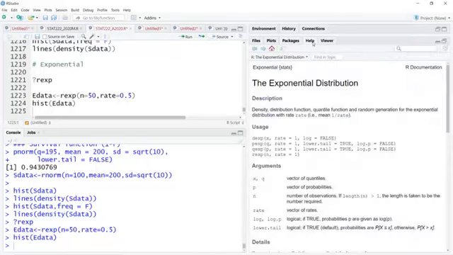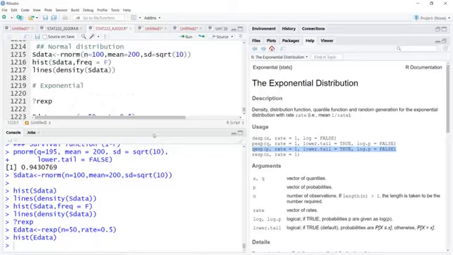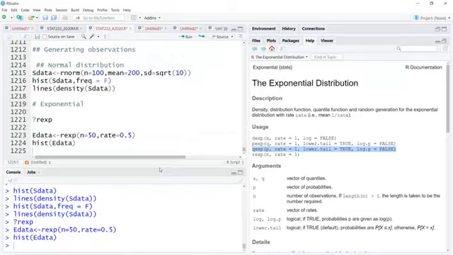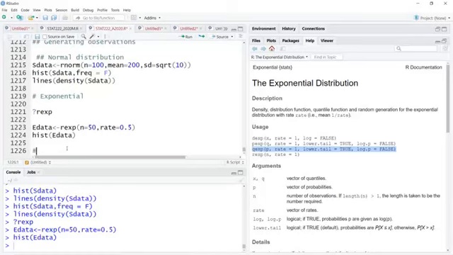For the others, we've done so much using our tests. We've done qt, we have the normal, chi-square, F, and so forth, so I don't want to go into that again. So that's how you can simulate observations from a probability distribution.